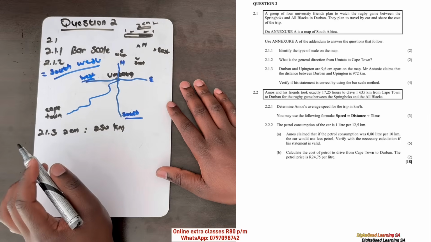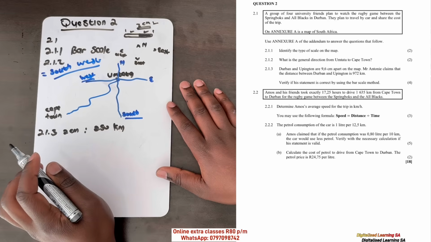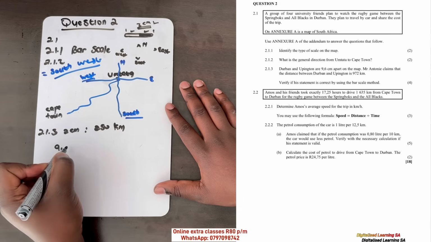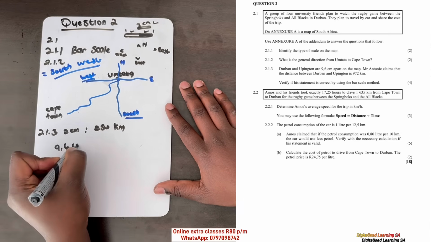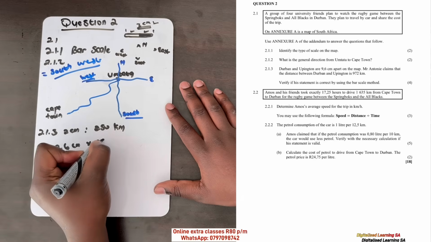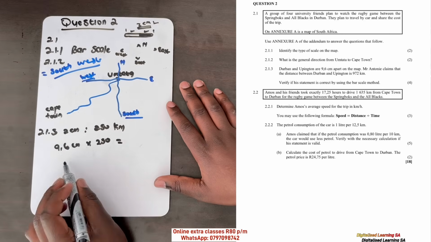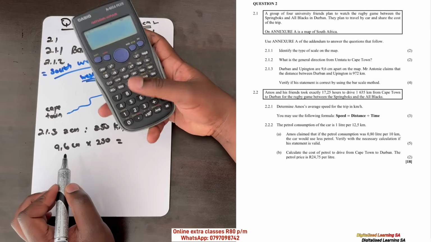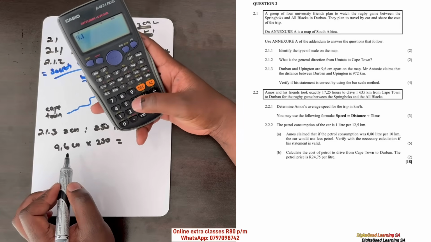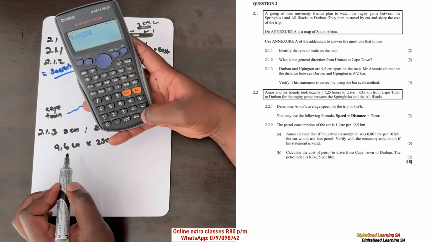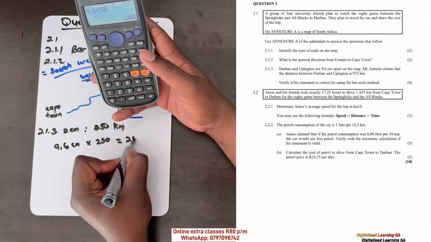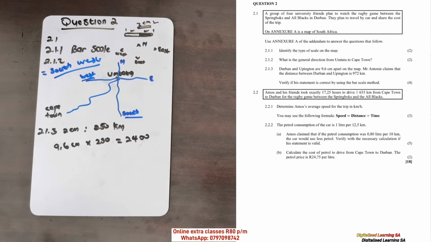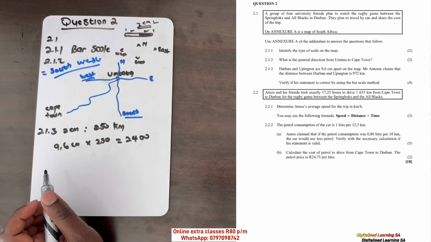If Durban and Upington are 9.6 centimeters apart, now we need to multiply 9.6 centimeters by 250 so that we can see the actual distance. 9.6 multiplied by 250 is 2,400.